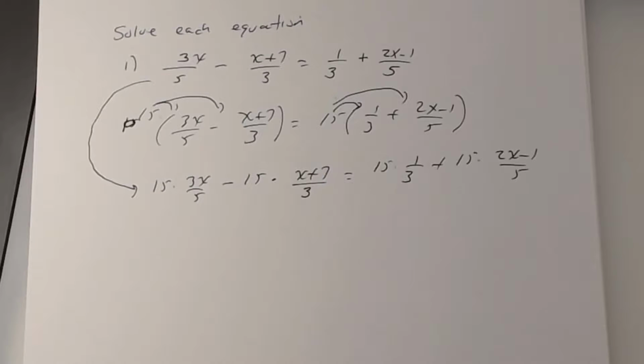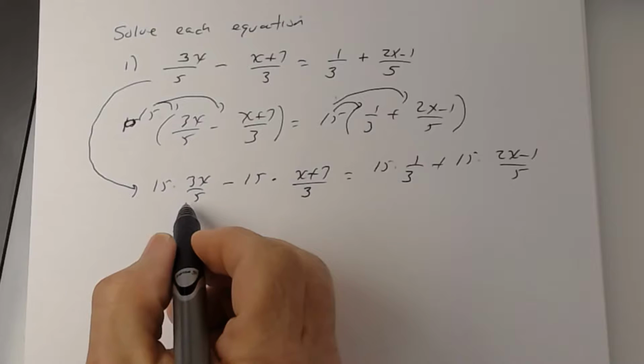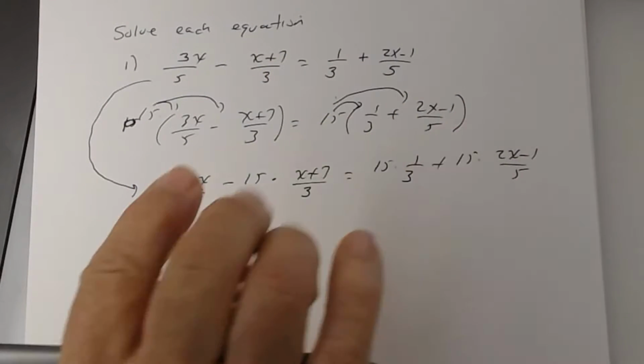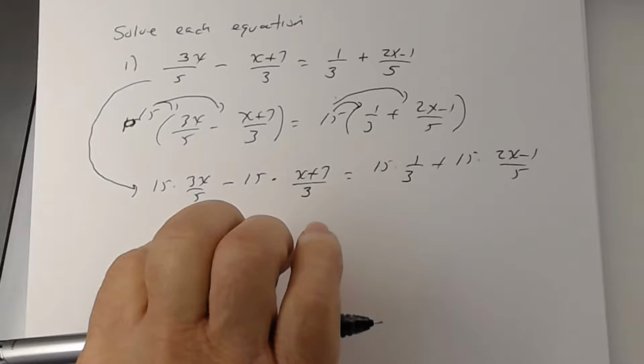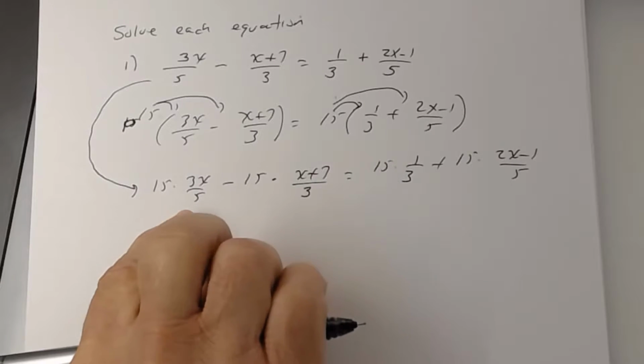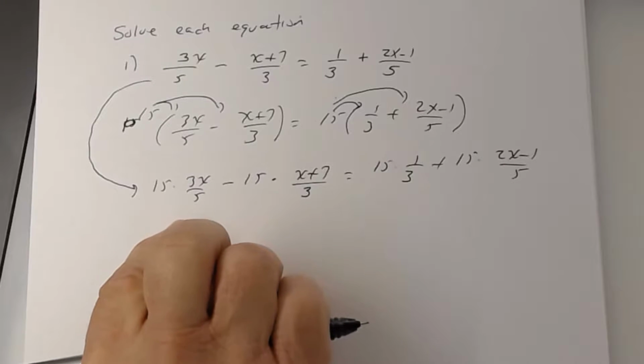Yeah. So wouldn't it be understood that 15 divided by 5 would be 3, so you multiply 3 times 3x, so that would be understood? Say it again. Okay, so you know how you say you have to multiply everything by 15? Yes. So wouldn't it be understood as just multiply the 3 times the 3x to get rid of the denominator, or no? Okay, say your question again. Well, it's fine.